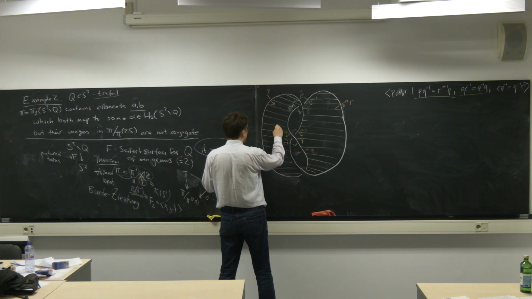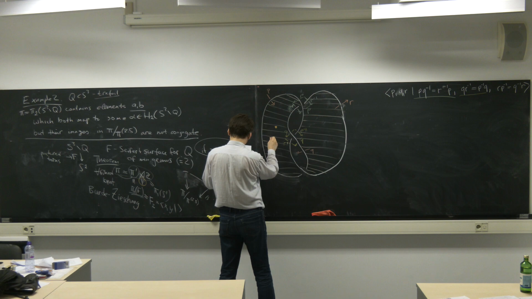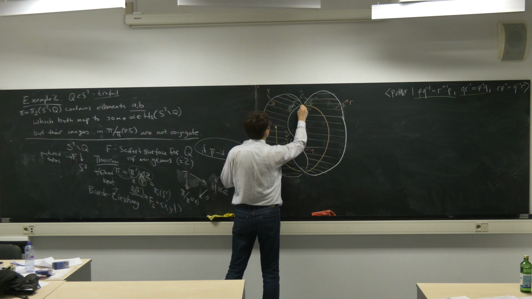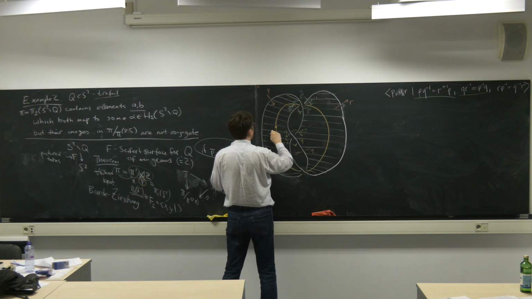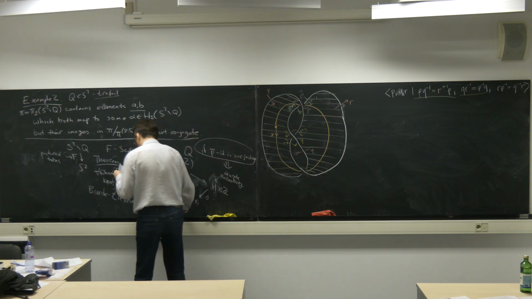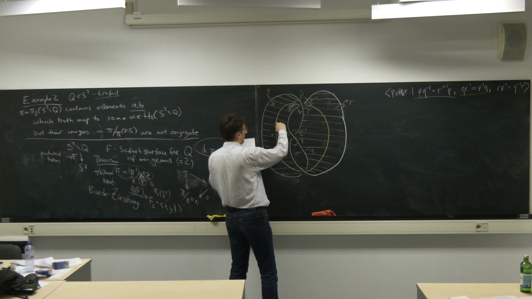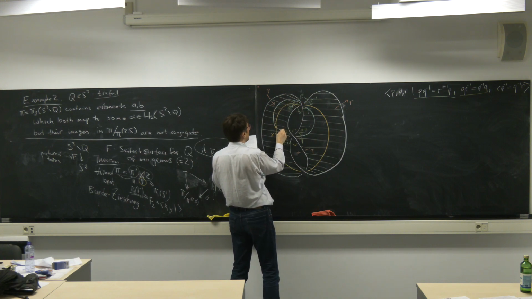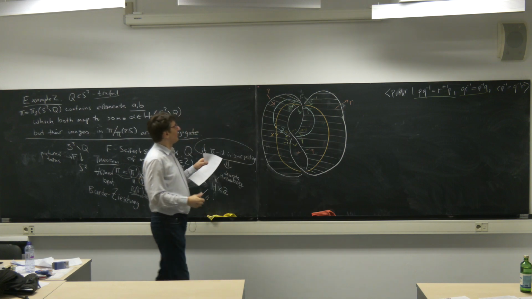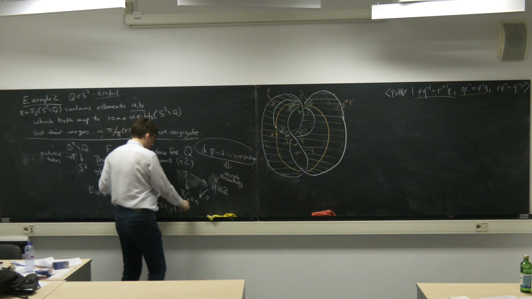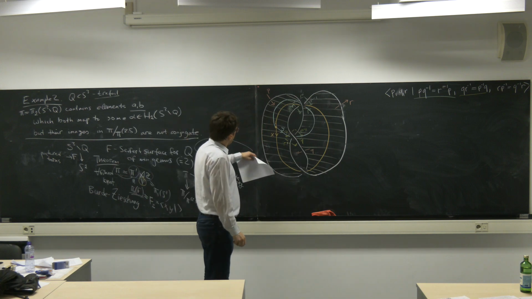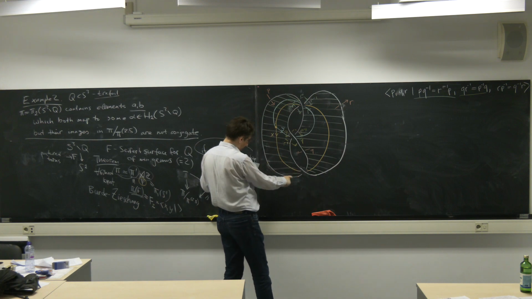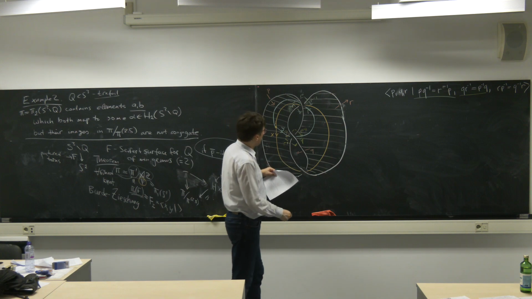So this will be the base point, and then this will be X, and this will be Y. So you can see that we can express x and y in terms of the generators.